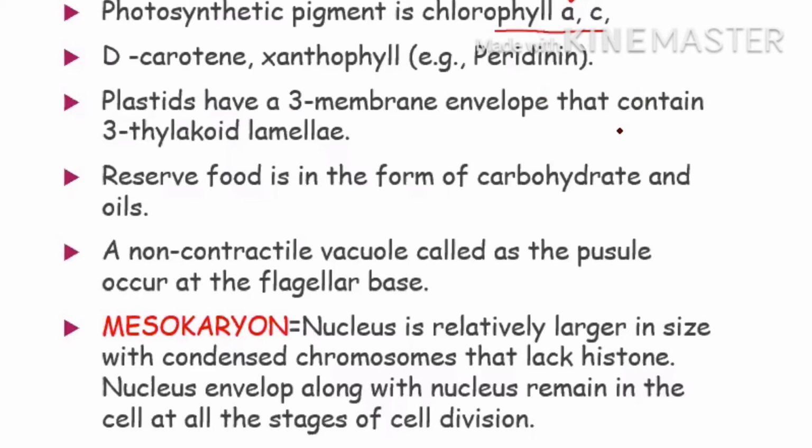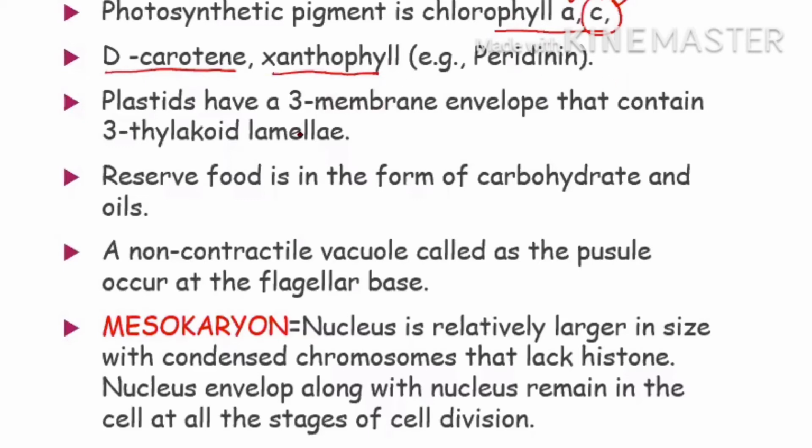Changes can happen: some might have chlorophyll B also, some chlorophyll C, some chlorophyll D. For example, in dinoflagellates we say they have chlorophyll C apart from chlorophyll A. Then they have carotenoids. Which carotenoids? They have beta-carotenes and xanthophyll also. These are the pigments present in them.